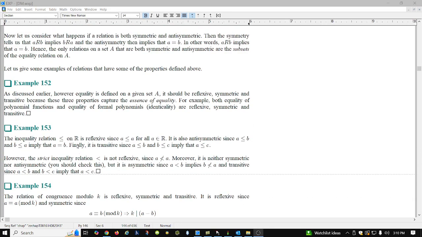What happens if a relation is both symmetric and anti-symmetric? Well, this is another thing you can work out once you get comfortable with these terms.